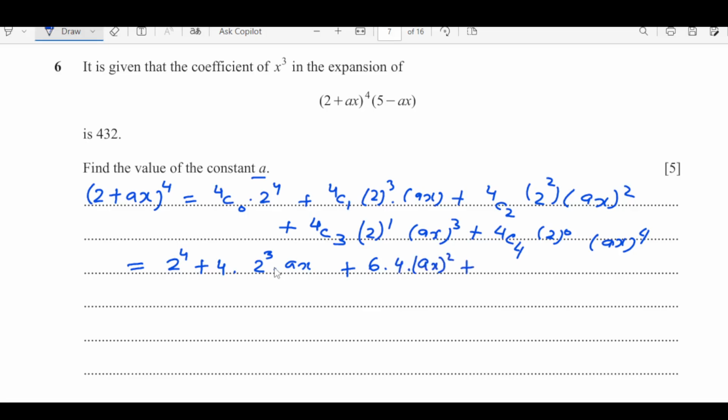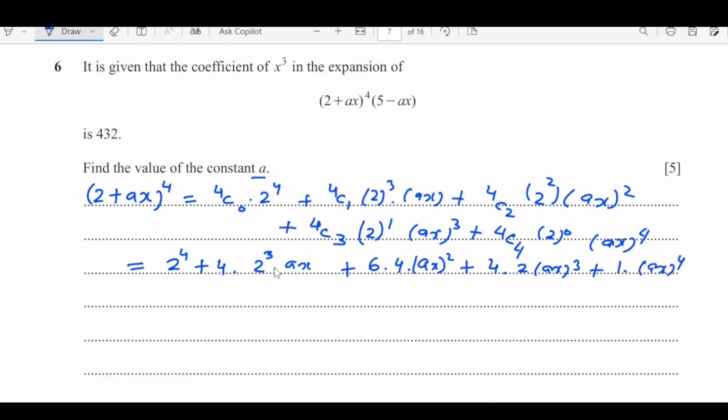Then 4C3 is 4, times 2 times (ax) cubed, then plus 1 times (ax) power 4.